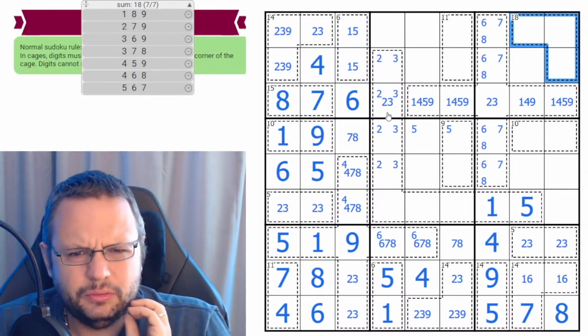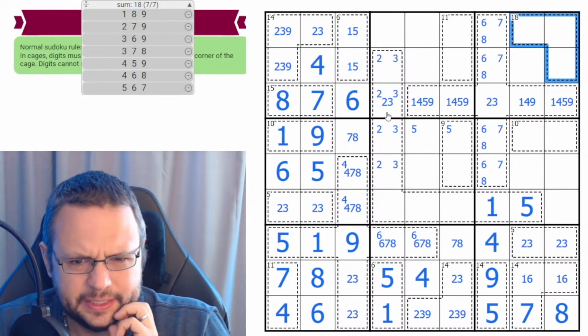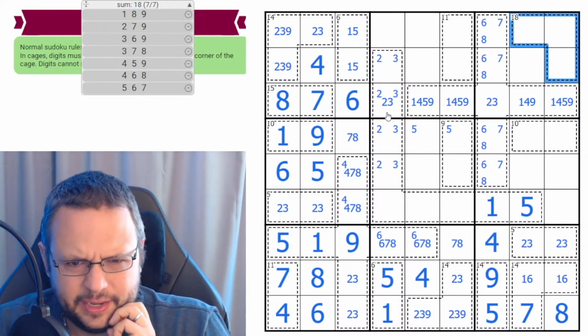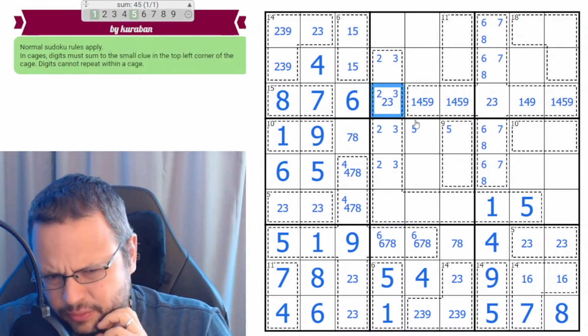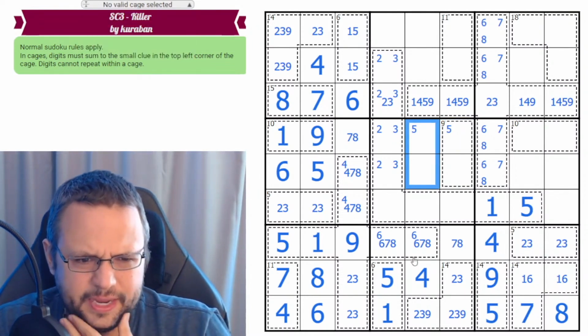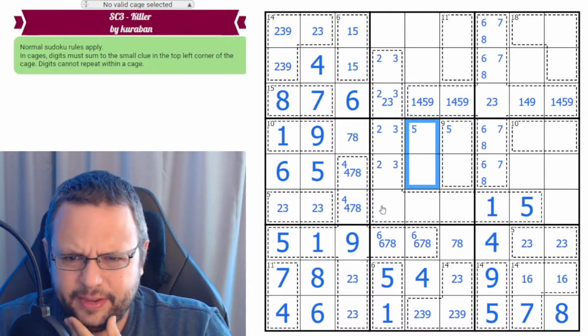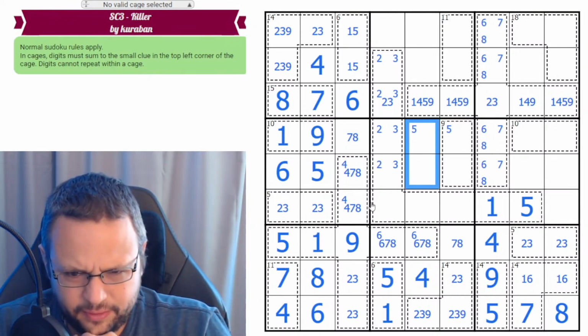I don't see it yet. This 2 or 3 is either in the 9 cage where it's over here, but that I do not yet see how to make any use of.